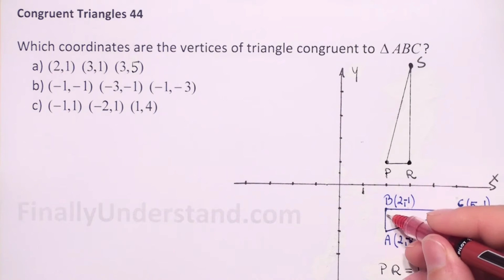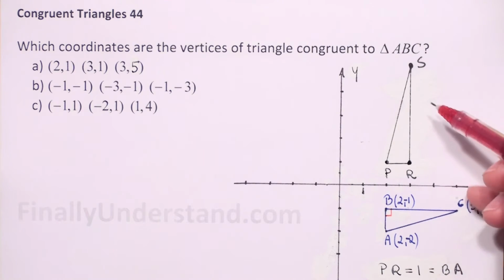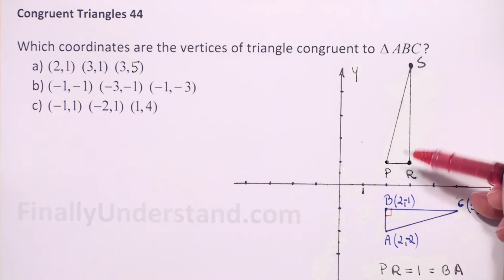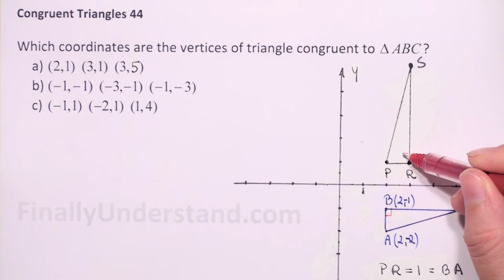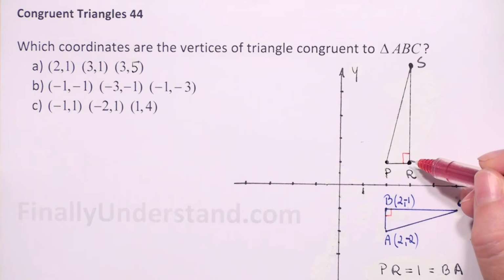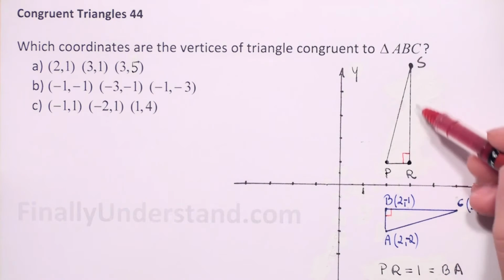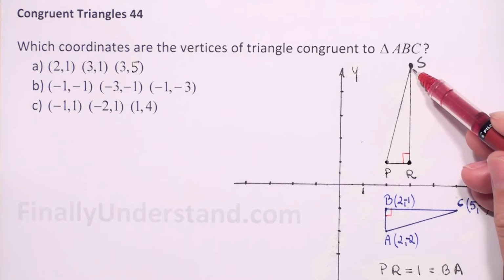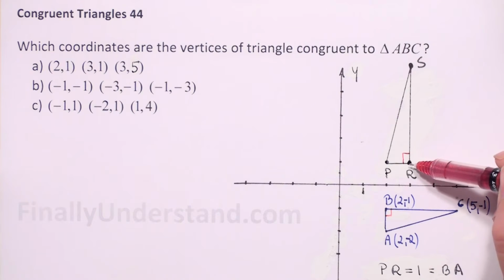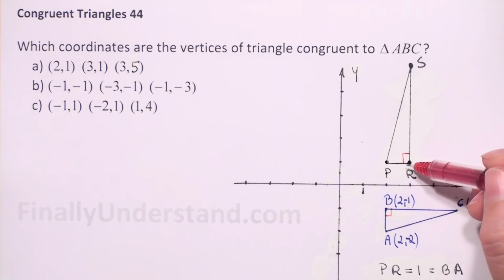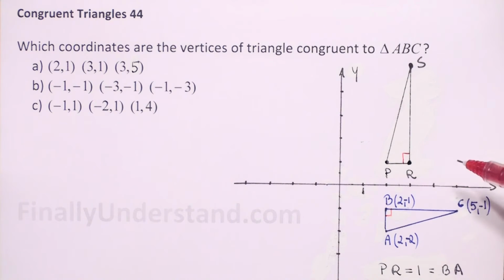So we have here a right angle. And we see that our triangle PRS is a right triangle too, because RS is parallel to Y and PR is parallel to X. So here we have a right angle.